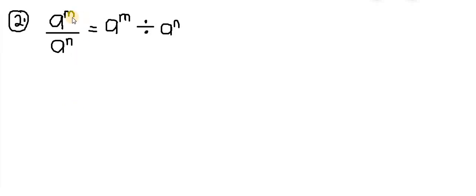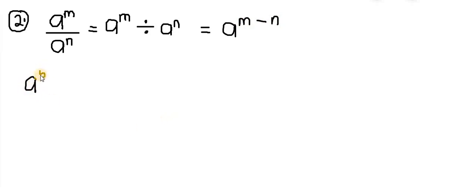Now a to the power of m over a to the power of n, which is the same as saying a to the power of m divided by a to the power of n. Because they have the same base, we take just one and then we subtract the powers, m minus n. So how does this work?